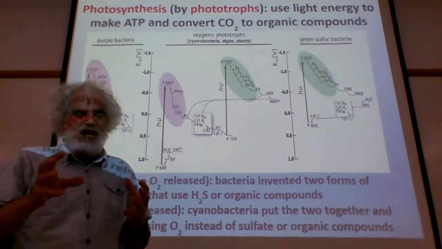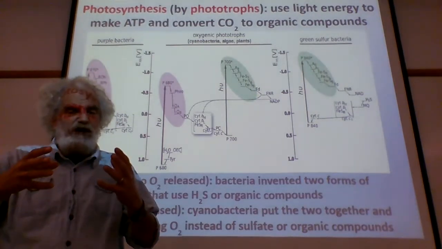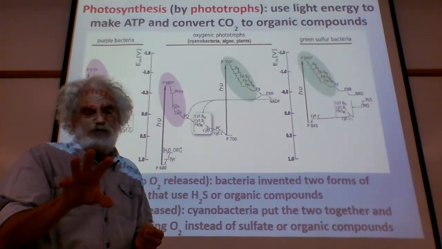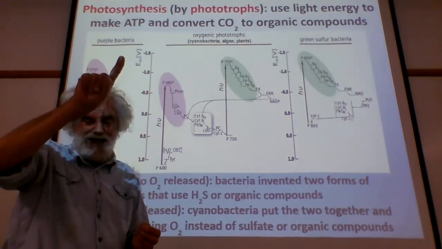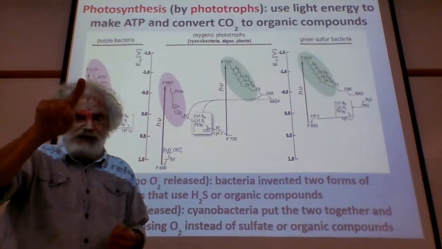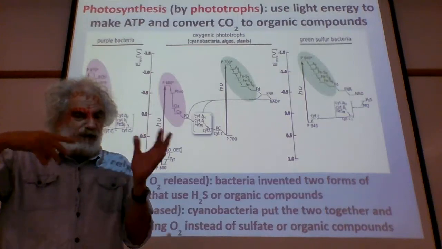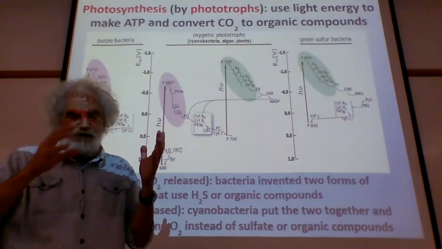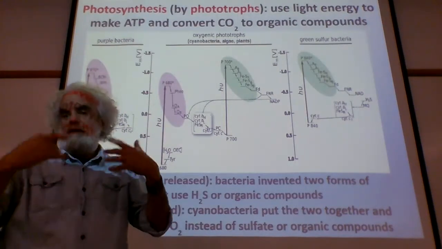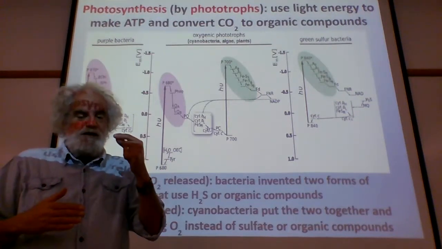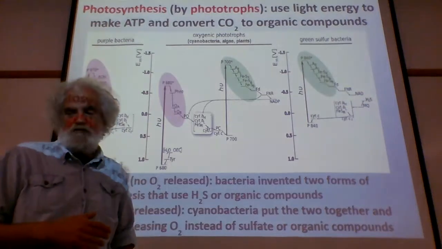It is essentially the same kind of electron energy that NADH can deliver to an electron transport chain. It's just that now you do it by light. And that electron then passes through an electron transport chain. And like all electron transport chains, you use that to make ATP by generating a proton gradient.